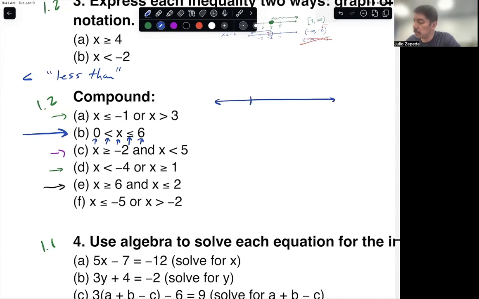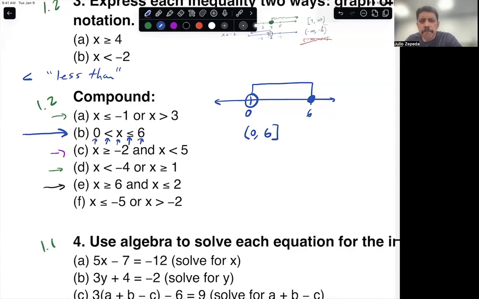And so we can just plot 0, we can plot 6. We can be equal to 6, but not 0. And so I'll just shade in between, and there you go. That's the answer. The interval notation is everything from 0 to 6, including 6, but not including 0. And yeah, that's basically it.